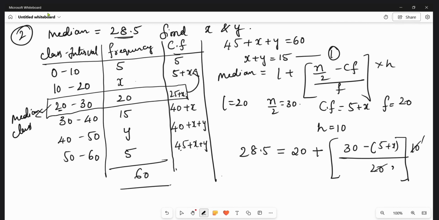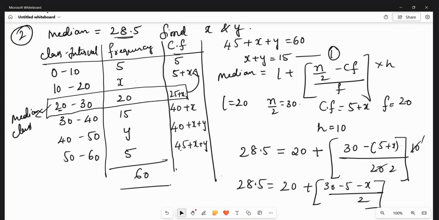Since it is multiplication, I can cancel here. So 28.5 is equal to 20 plus 30 minus 5 minus x divided by 2. Write down this much.